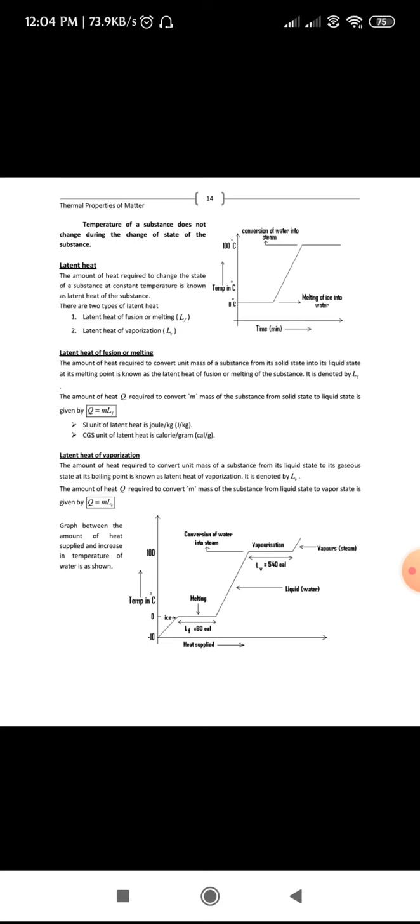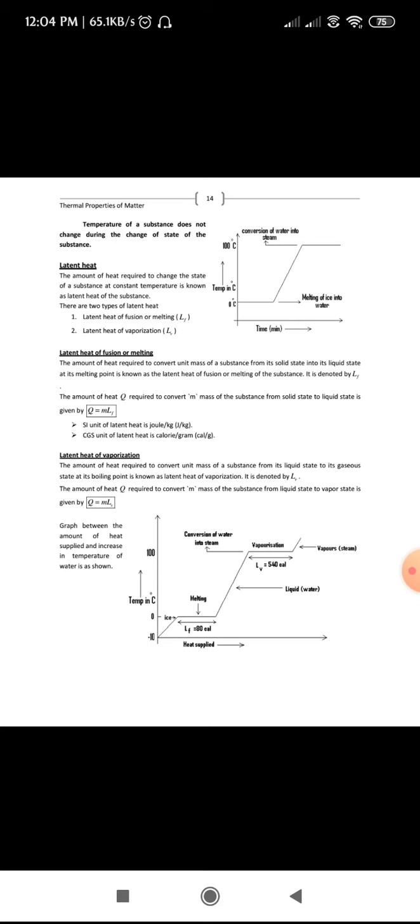Once the entire substance is converted, then there will be an increase in temperature. Hence, while the change of state is taking place, the temperature of the substance remains the same.